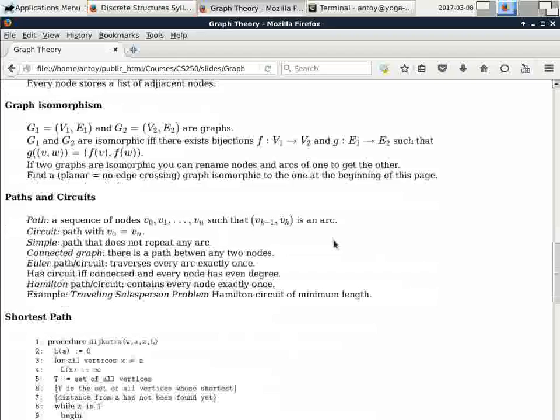All right, a little bit more terminology. A path. What do you think is a path in a graph? You start from some node and you cross over edges until you get to some other node.